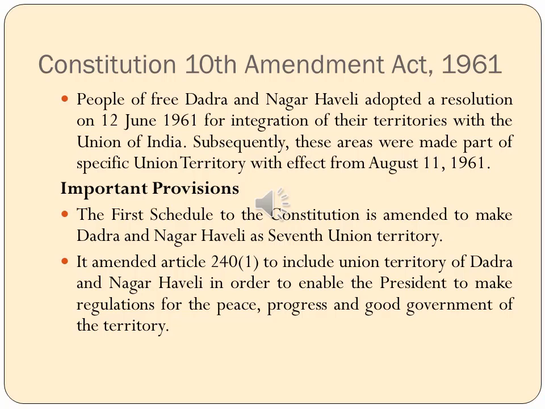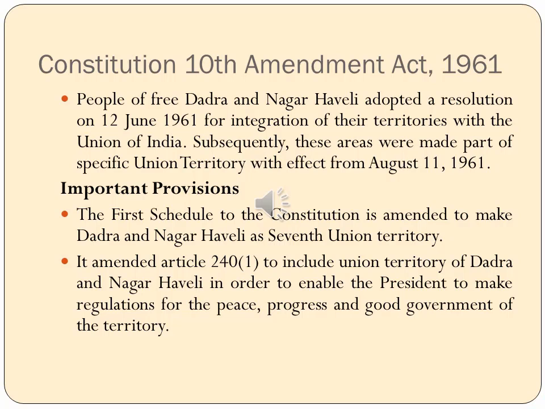The Constitutional Amendment Act of 1961, that is the 10th Amendment Act, that was passed on 12th June 1961, made way for integration of these two union territories in the Union of India. That is, it paved the way for addition of these two union territories into the Indian country. So subsequently, these areas were made part of the Union Territory from 11th August 1961.